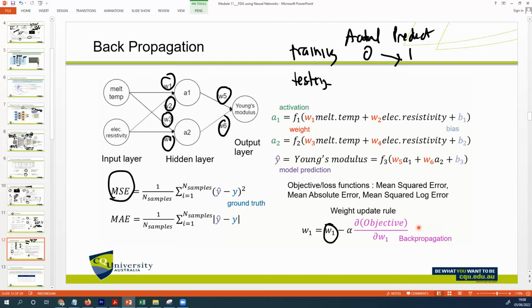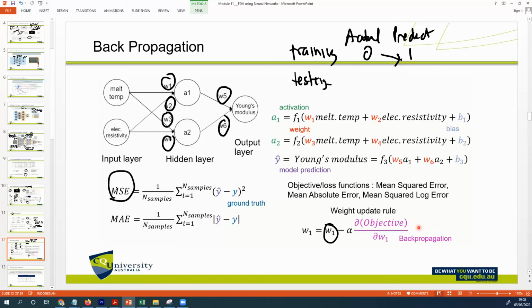If the mean square error is high, meaning there is still some iteration that needs to be done to ensure the accuracy is high.